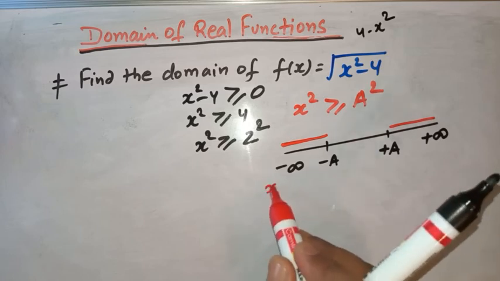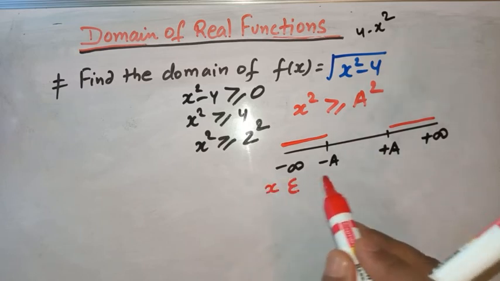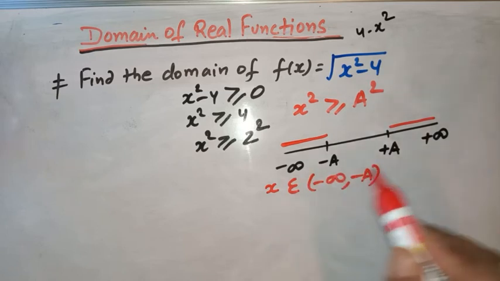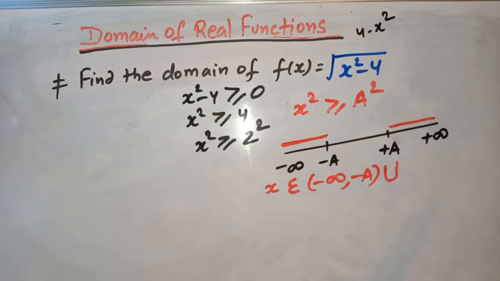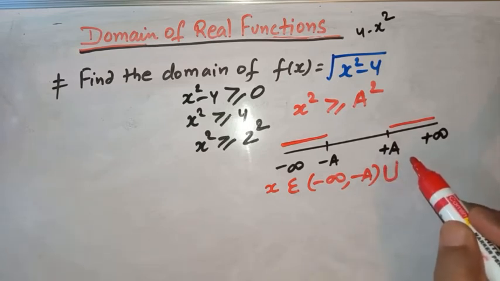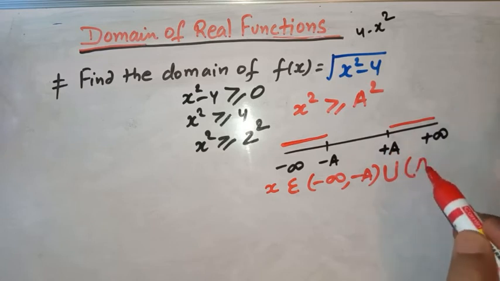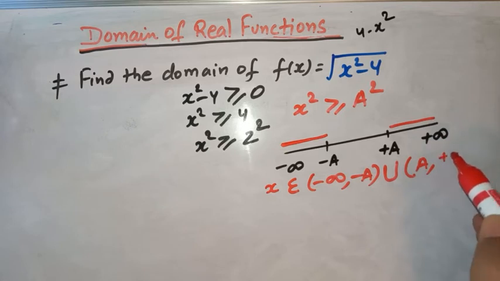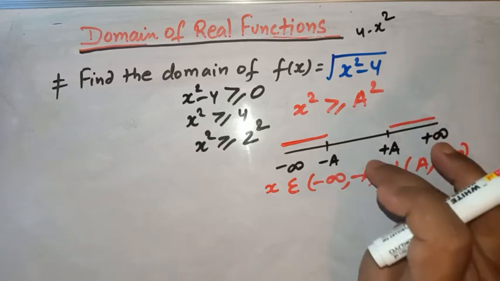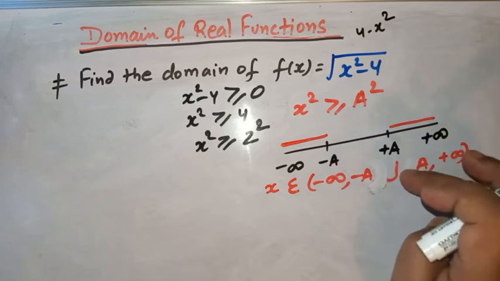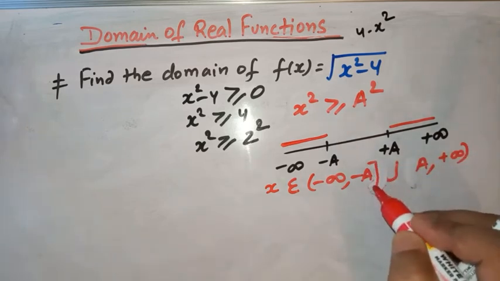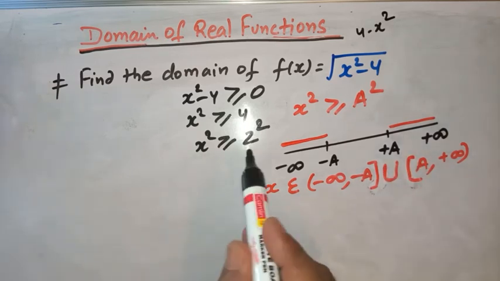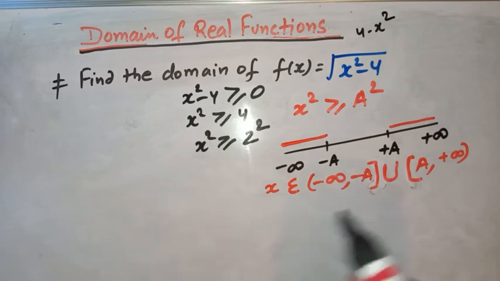So our x must lie from minus infinity to minus a, and we'll take help of union. This is the sign of union, and then we have the interval a to plus infinity. Clear? And here we'll have the closed interval. Here also we'll have the closed interval. Clear?